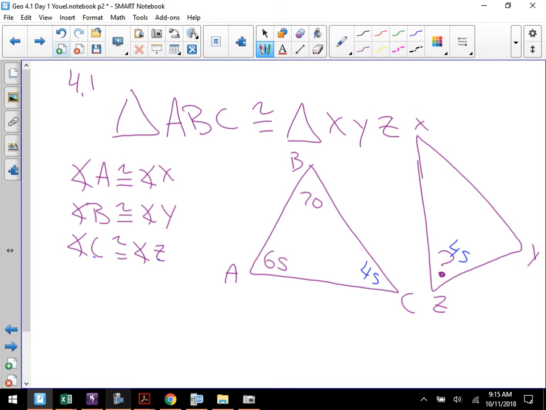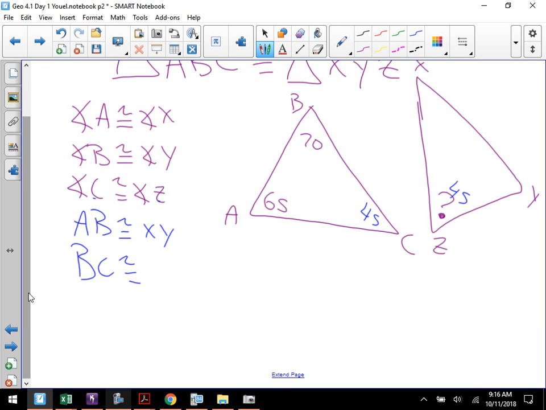If you had to list out segments, segment AB has to match up with what letters? XY, good. If you did segment BC, YZ. Now be careful with this one.